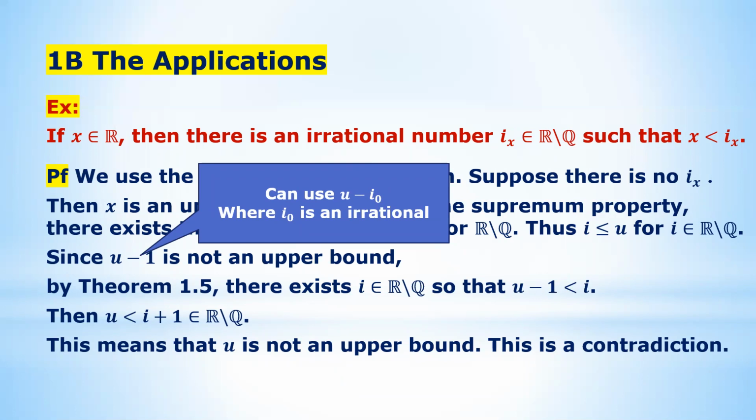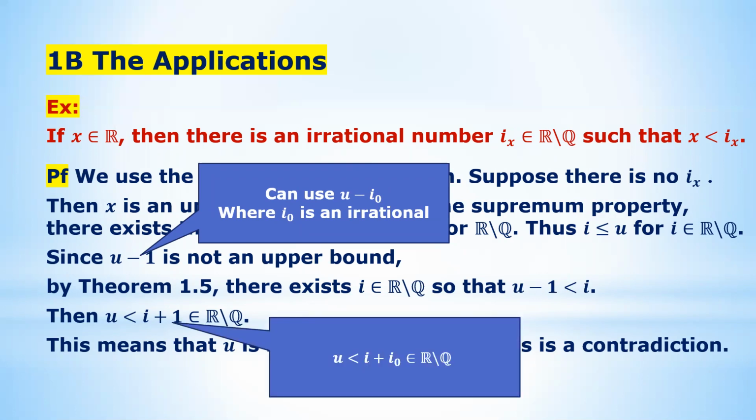You can't do this. The reason is that if you replace u minus 1 by u minus I naught, then you will eventually get u less than I plus I naught. Now, in this case, you can see both I and I naught are irrational numbers.